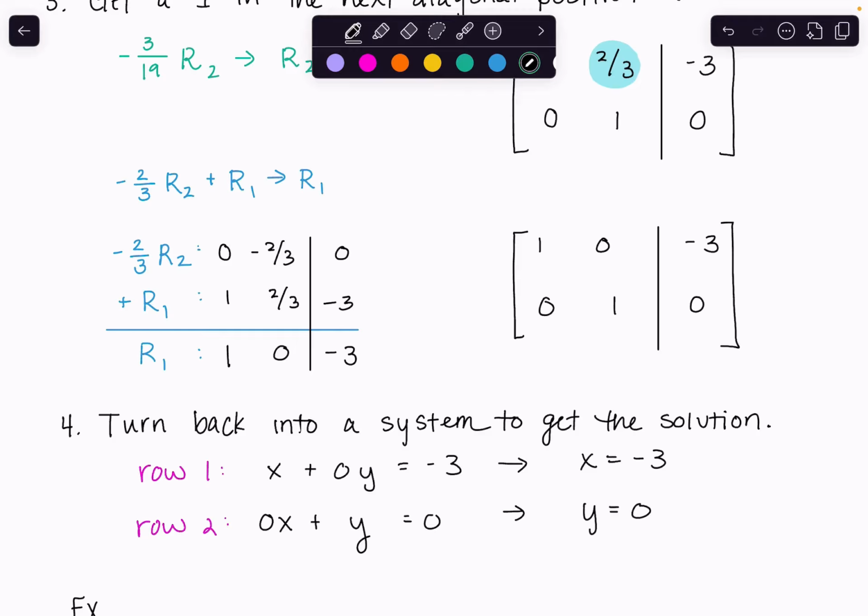So our y coordinate is equal to 0. So this is our solution to the system. Okay. So you could plug it back in. You could check that, yes, this is a point on both of those lines, but it is our solution.